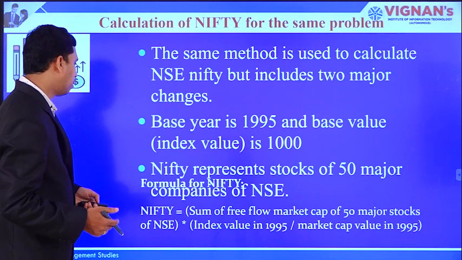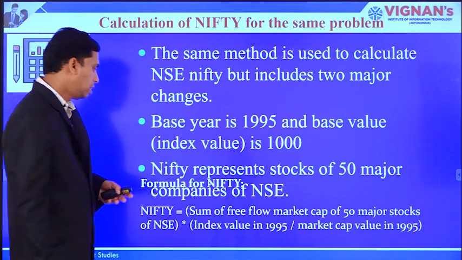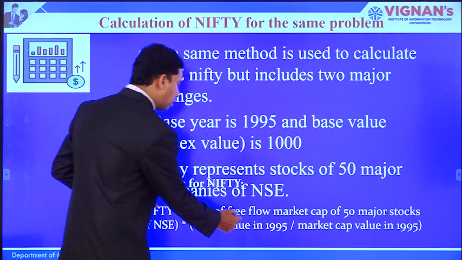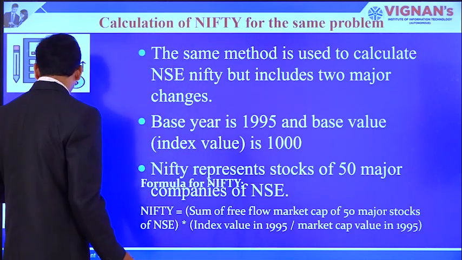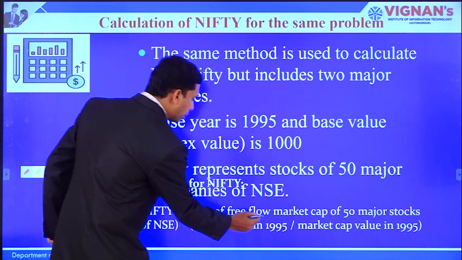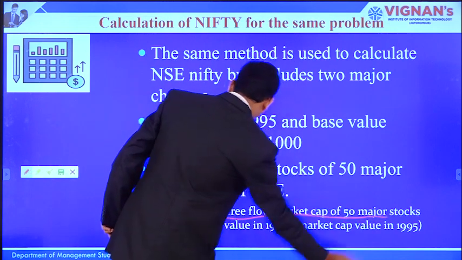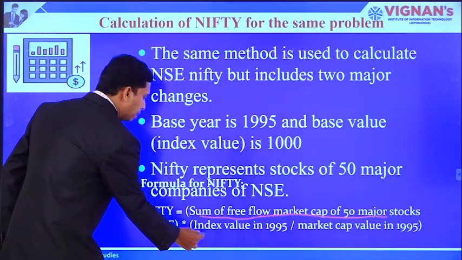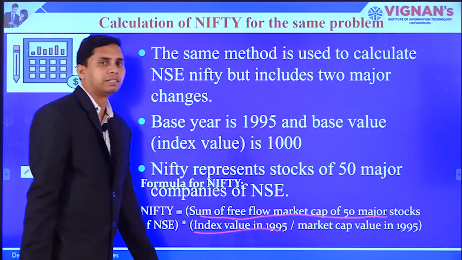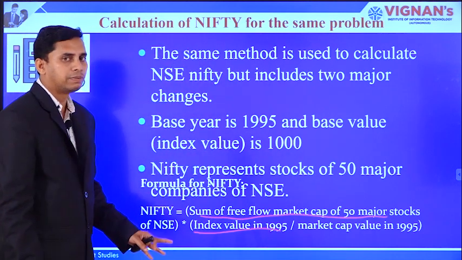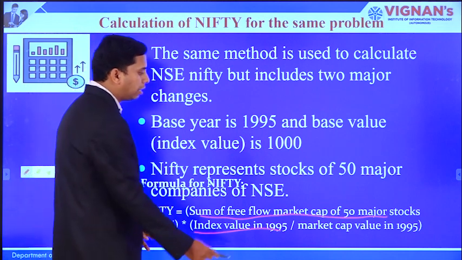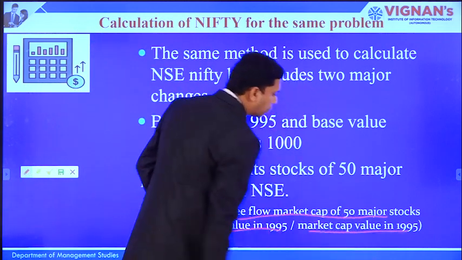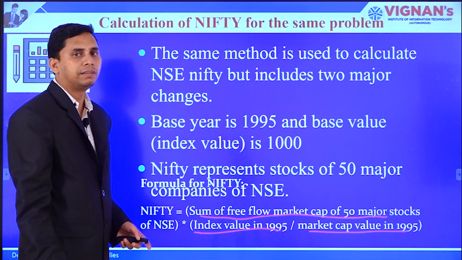Now, let us see the formula of Nifty. The same formula: the sum of free float market capitalization of 50 major stocks multiplied by the index value in 1995. But here we should consider only the index value in 1995 and also its market capitalization value in the 1995 base year.